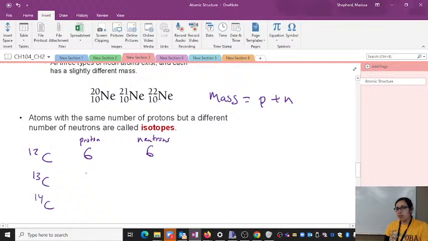How many protons? So here is 6. How many neutrons? 7. And then carbon-14, how many protons? So 6.